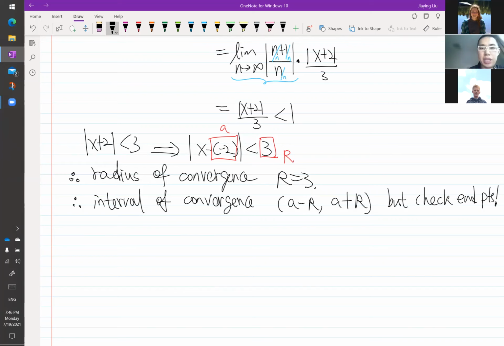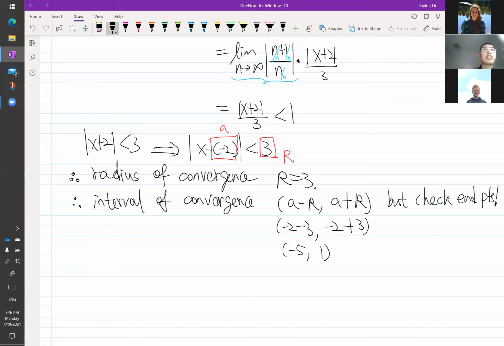So in this case, a is -2. So we have -2 minus 3 and -2 plus 3. So that will be from -5 to 1. This is the interval.